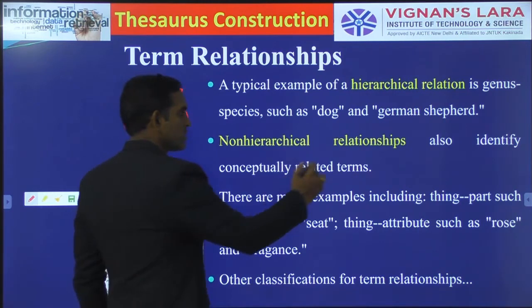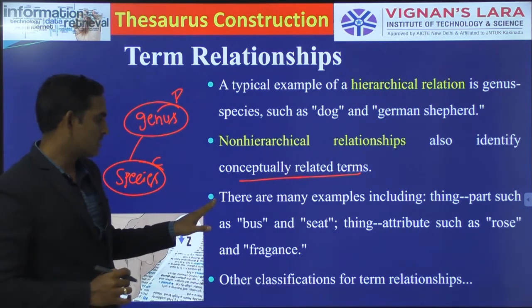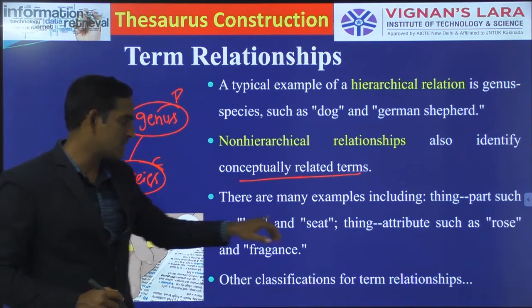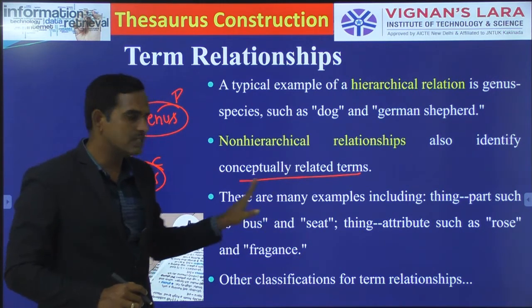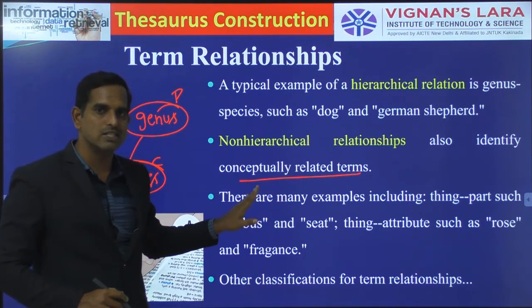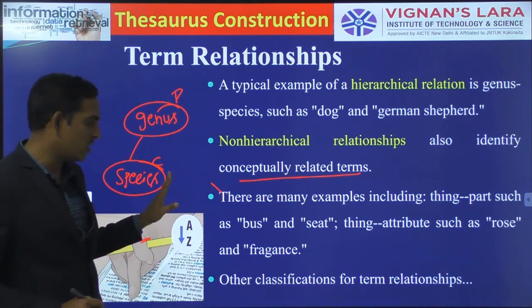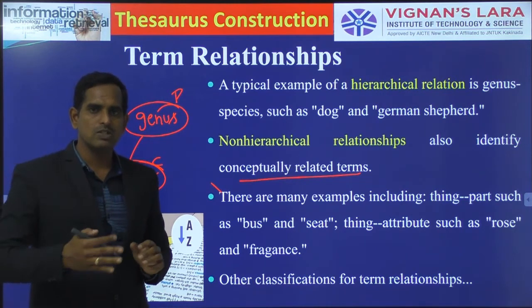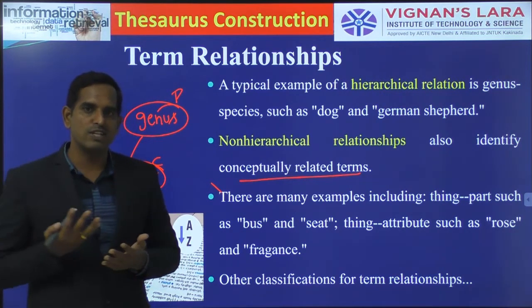Non-hierarchical relationships also identify conceptually related terms. There are many examples including thing-part, such as bus and seat, and thing-attribute, like rose and fragrance. These are non-hierarchical relationships, so these also can be formed for your terms. So for your information retrieval system, you have to choose one of the relationships.